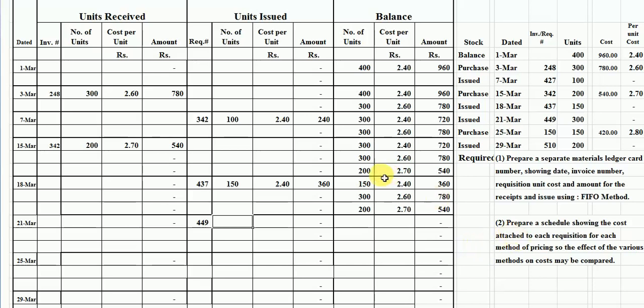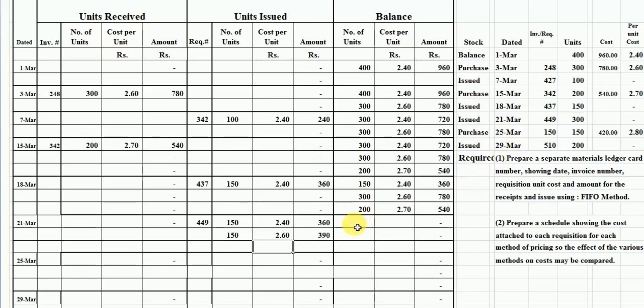Firstly we take 150 units from the first purchase, at the rate of 2.40. For the remaining balance, we take 150 units from the second purchase of 300 units, at the rate of 2.60. Students, this is our issue recorded in the units issued column.